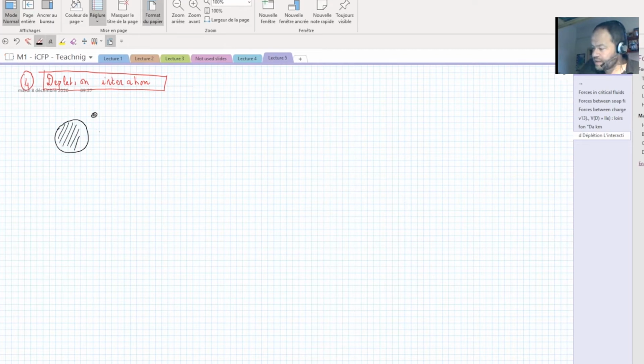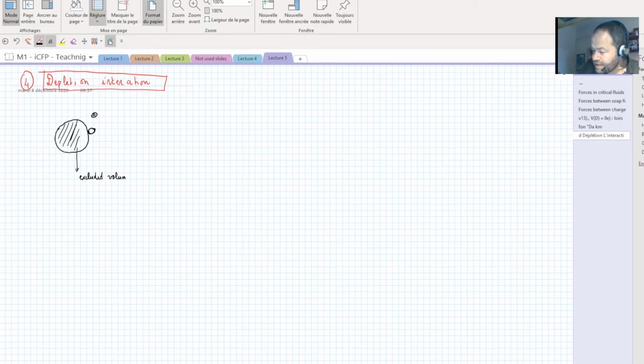Well, the fact that you have this big particle makes that you have an excluded volume. And the excluded volume is the fact that, well, you can only approach the particle.